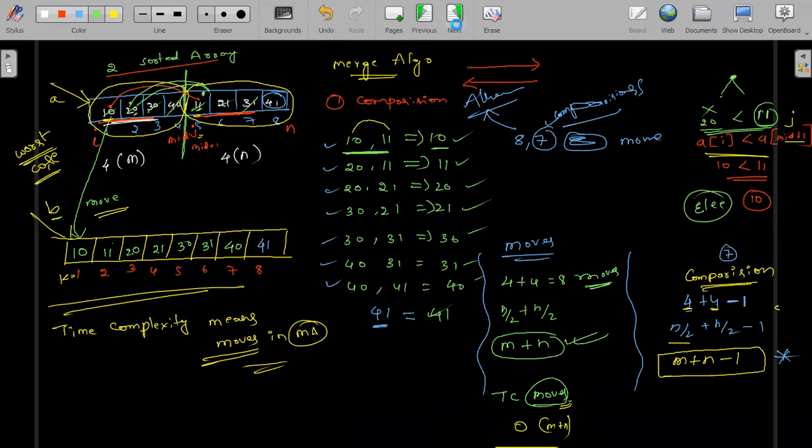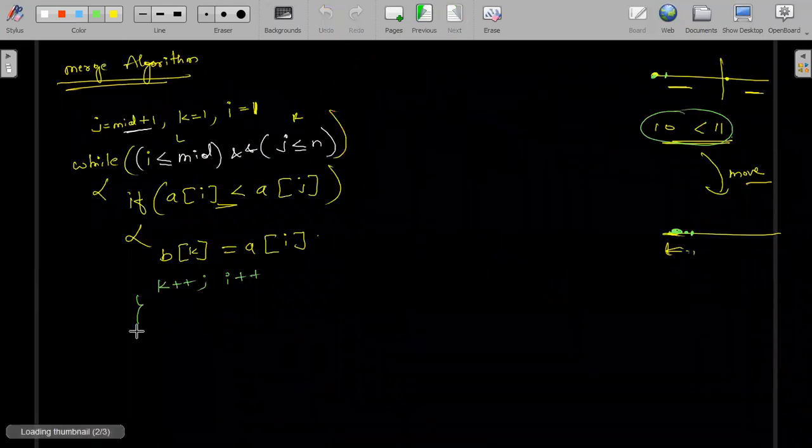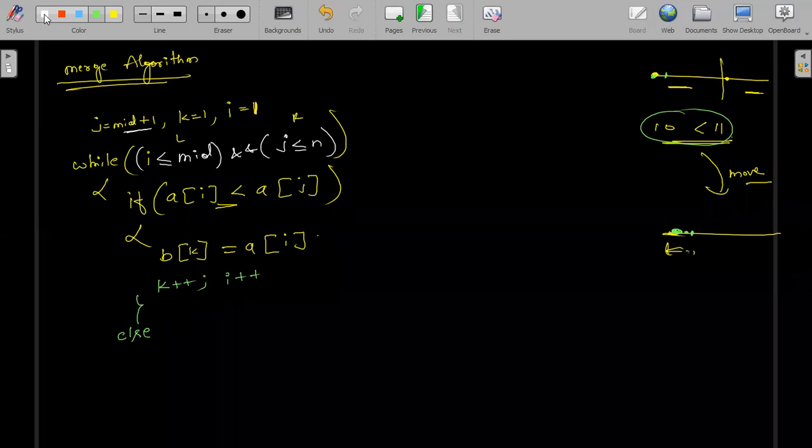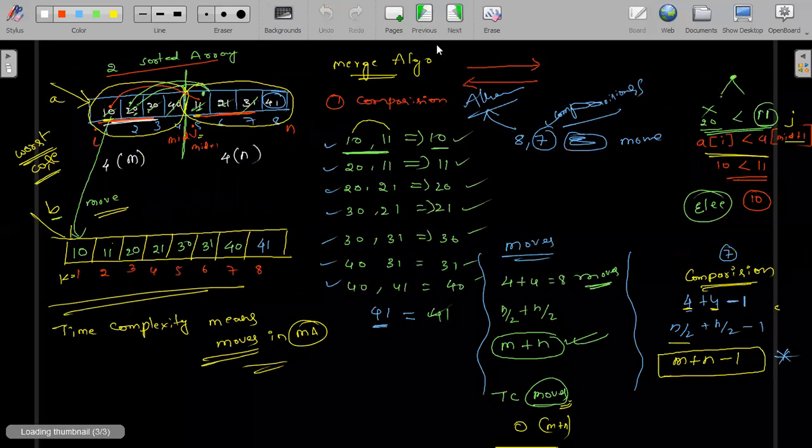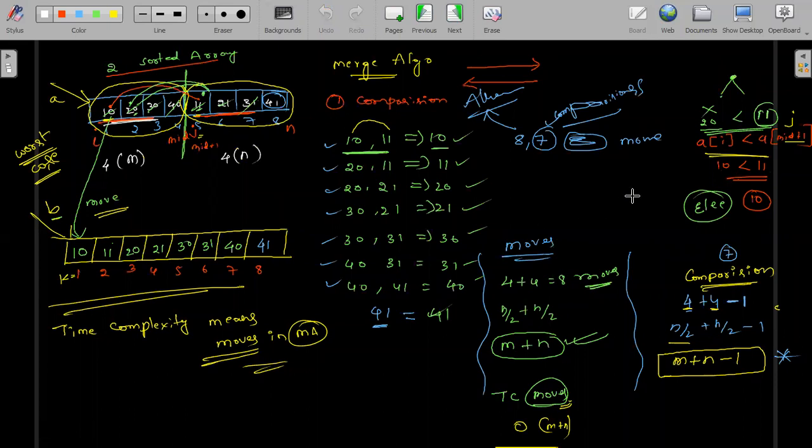So that is the reason I am going to create the else part here like this. Else part I created here. How will the else part work? See here, observe here. That is the reason I'm giving a very detailed algorithm to you people.